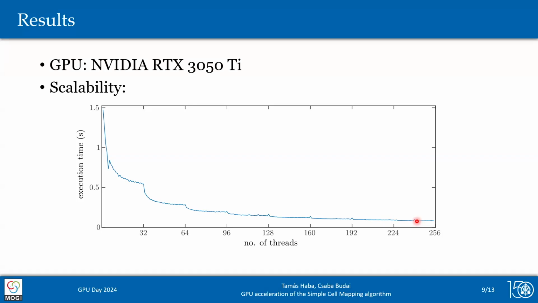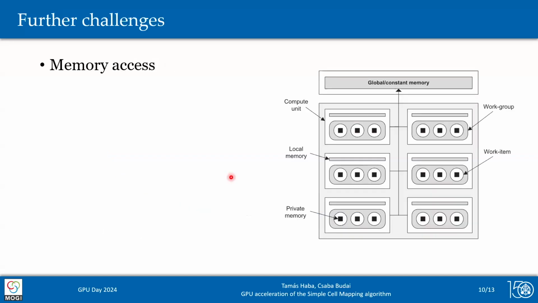Okay, so a huge problem could be memory access, because global memory is the slowest to access, and the whole cell state space is stored in the global memory.